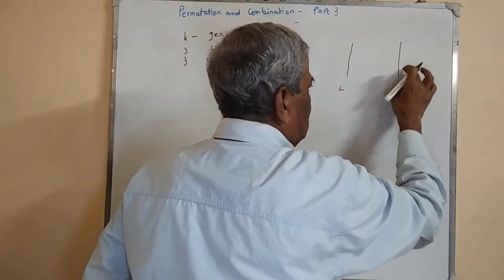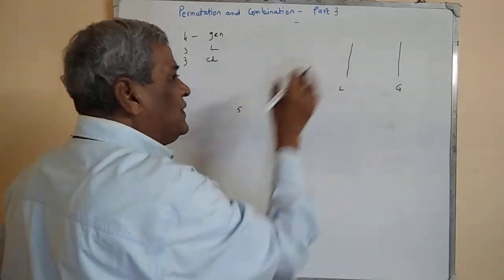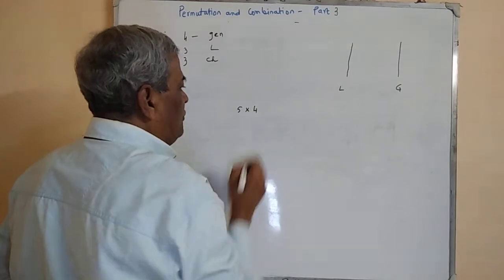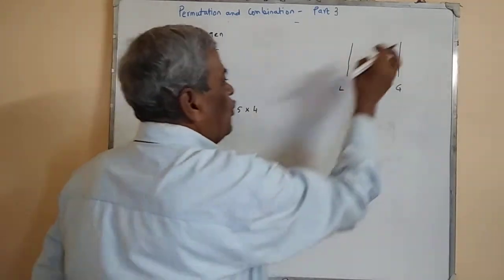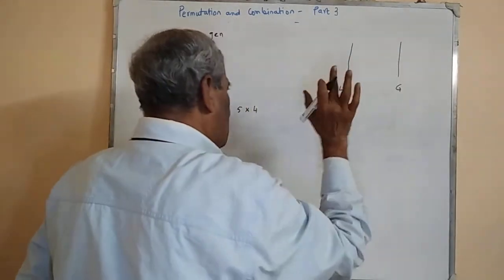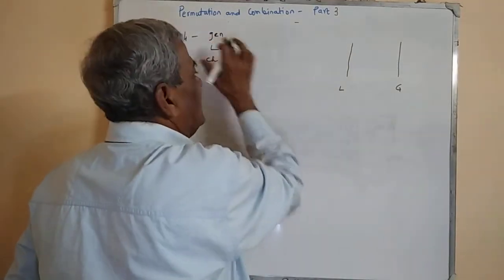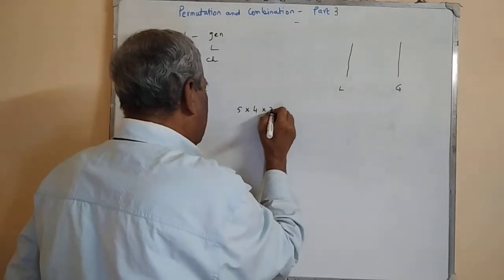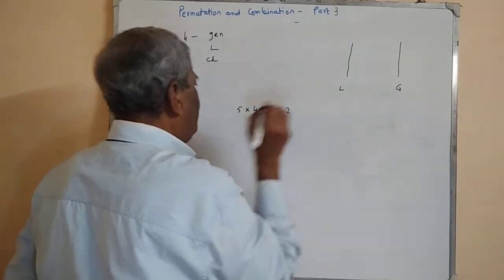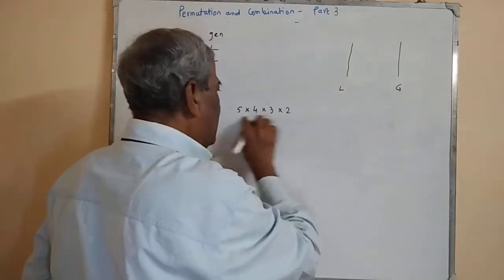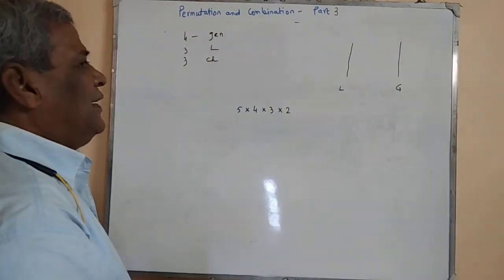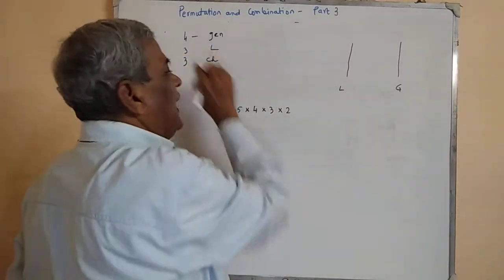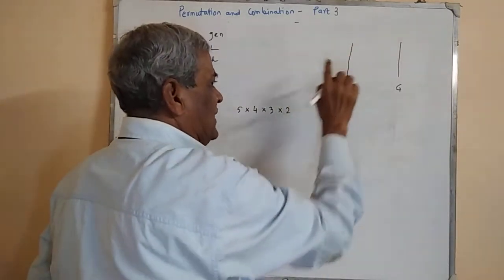For each of those, the second can be seated in four different ways, because the first one occupies one of them, so four are left. Then similarly, three, two. So gentlemen can sit in this way. Now, for each such sitting arrangement, there are three ladies who can be seated there.